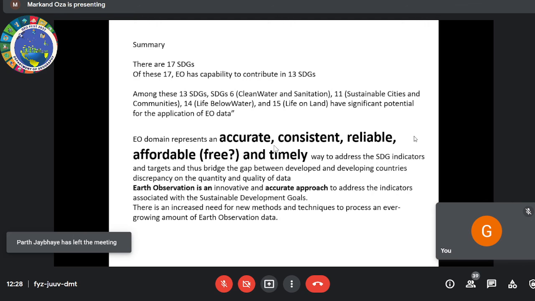Because many a times in the earlier scenario, they used to doubt the quality of data collected by poor countries or developing countries, saying that you don't invest so much. Now, the data developed countries use, the same data, because of global coverage, is being used by all countries.